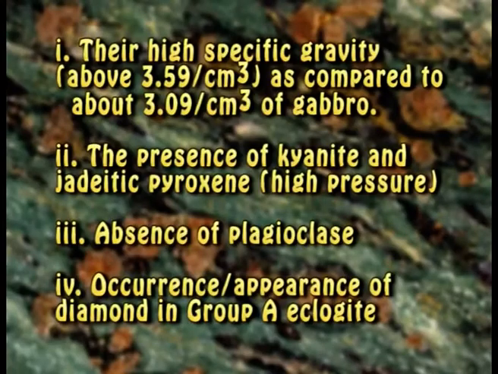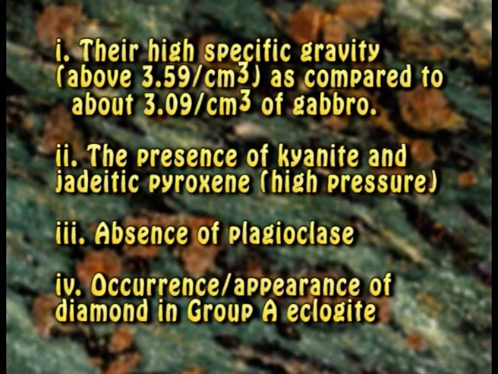The evidence of formation of eclogites at very high pressure is shown by: first, their high specific gravity, above 3.59 per cubic centimeter, as compared to about 3.09 per cubic centimeter of gabbro. Second, the presence of kyanite and jadeite pyroxenes, which are usually present at very high pressure. Third, absence of plagioclase.